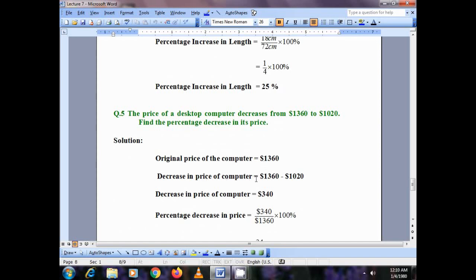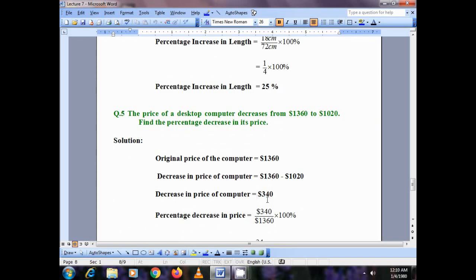Now the decrease in price of the computer: first of all, we will find it by calculating 1,360 minus the decreased price $1,020. Now the difference between these two quantities is $340, which is the decrease in price of the computer, which means the discount on the price of the computer is $340.